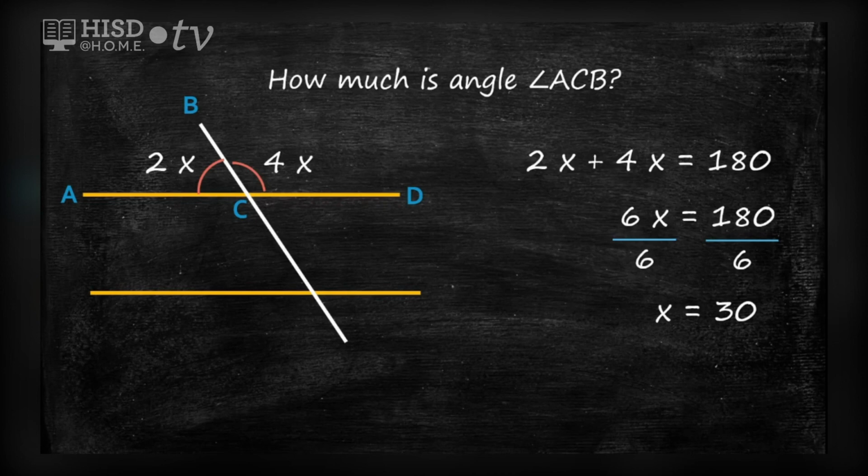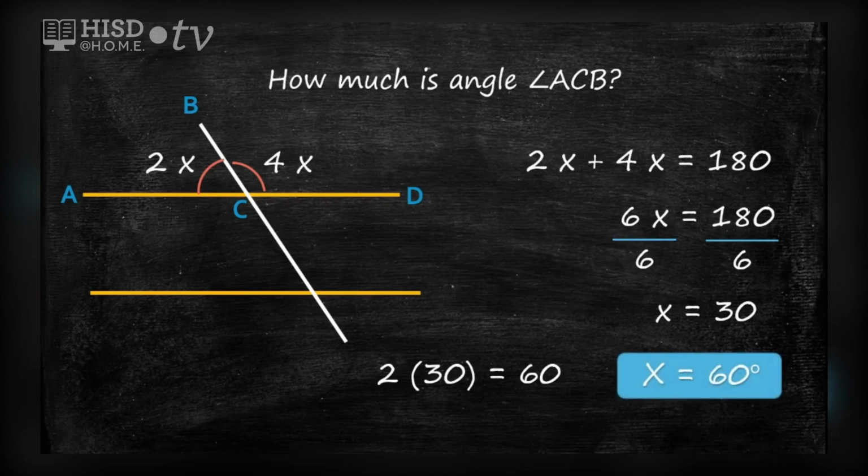So remember that our angle ACB is equal to 2x. So now I have to multiply 2 times 30, and my answer will be 60. And that will be the angle ACB.